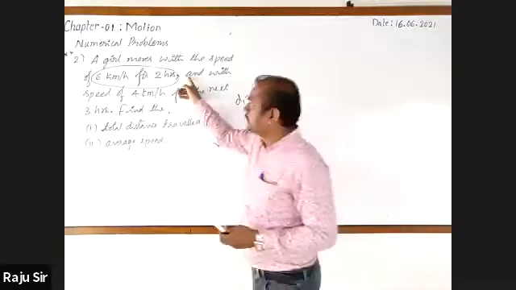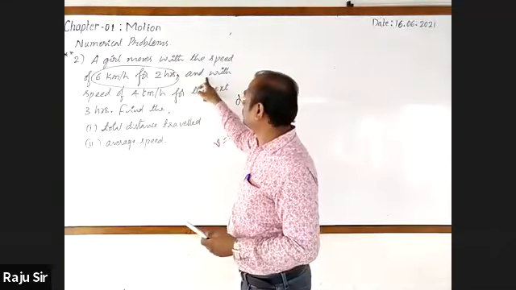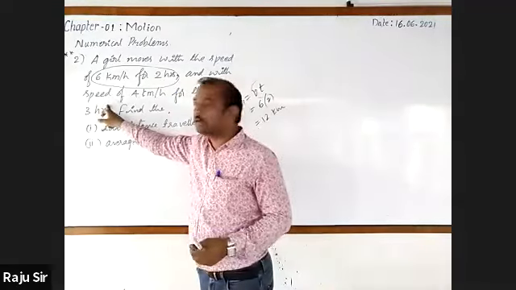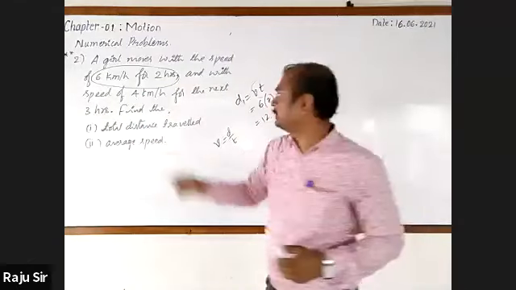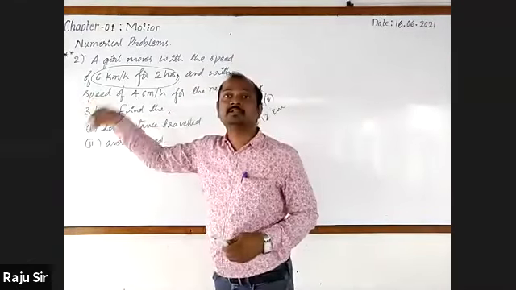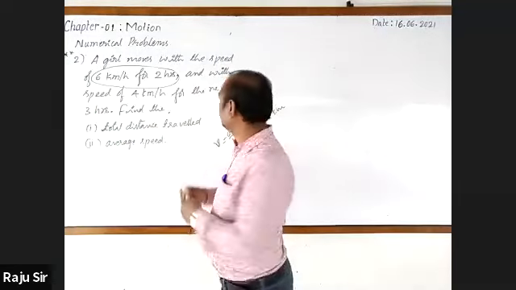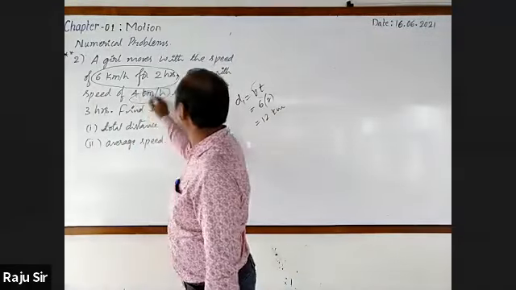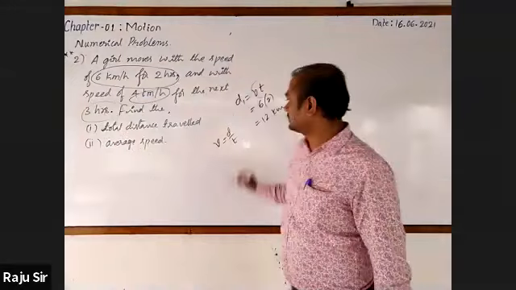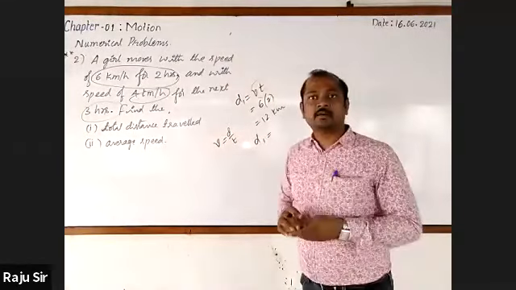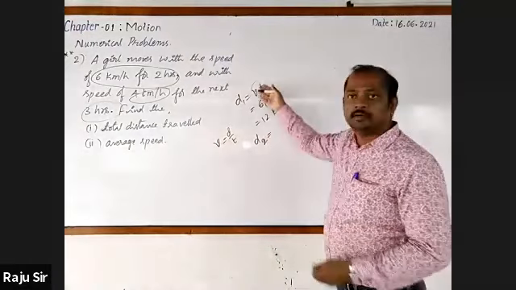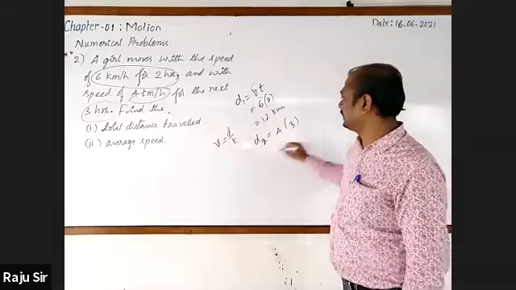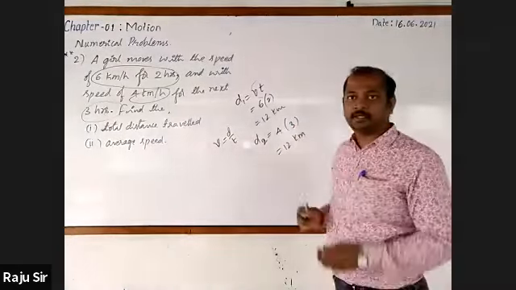Next, after 2 hours, she started moving with a speed of 4 km/h and she maintained the same speed for the next 3 hours. Got it? This is second case. In second case, the distance traveled by her can be found out by using again D is equal to V into T. Speed is 4 km and time is 3. It is also 12 km.